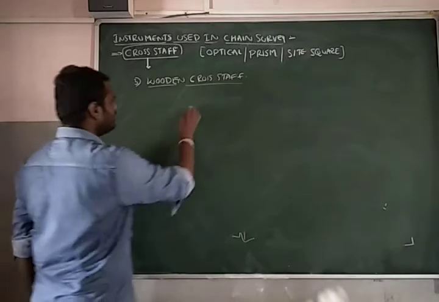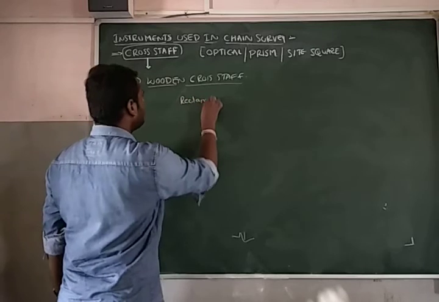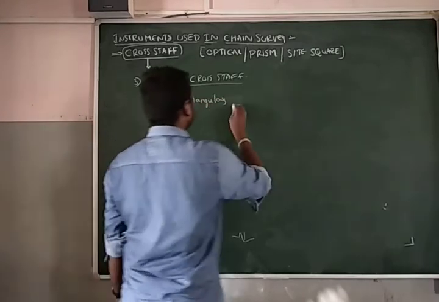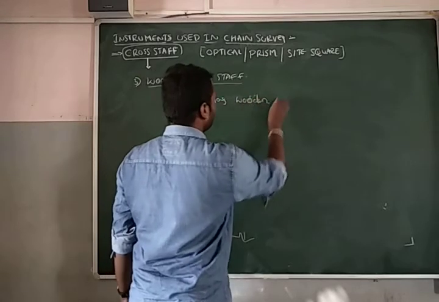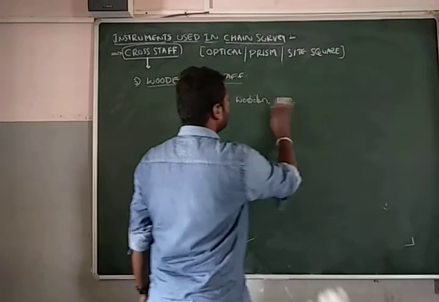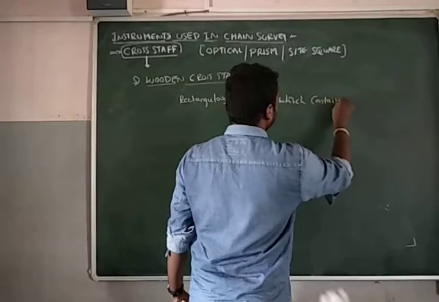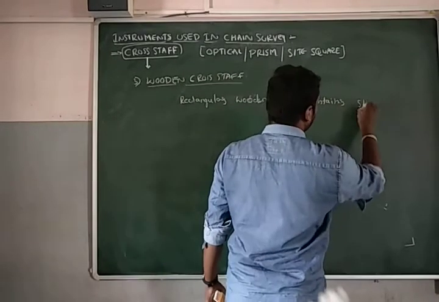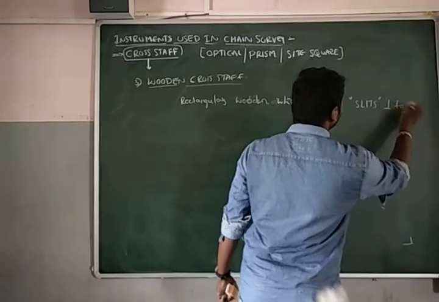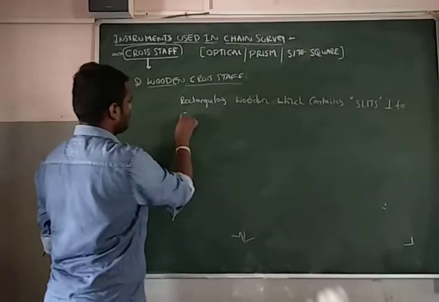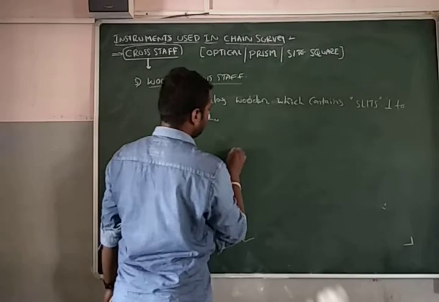So see here, this would be in the form of a rectangle. Rectangular wooden piece which contains slits perpendicular to each other. So like this.